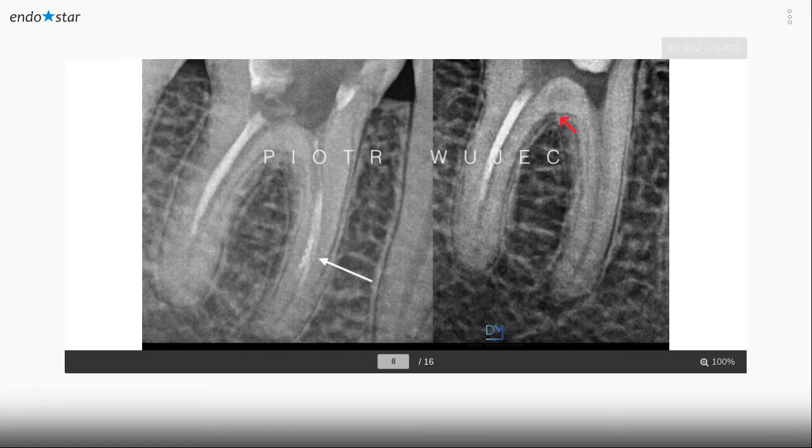Also here, the mesial canal in a lower molar with some curvature, so it is not easy to create a straight line access, but with the modified NiTi files, I can enlarge the canal and then remove the broken instrument from the canal with the sonic files.